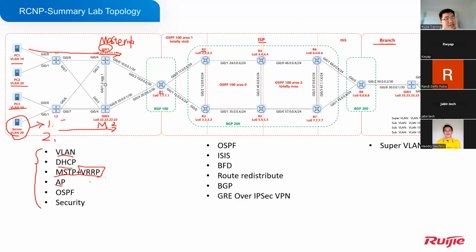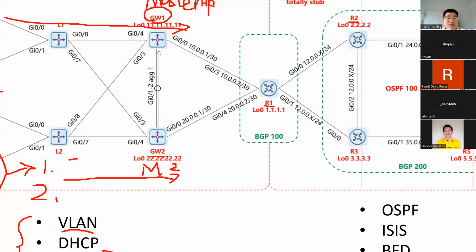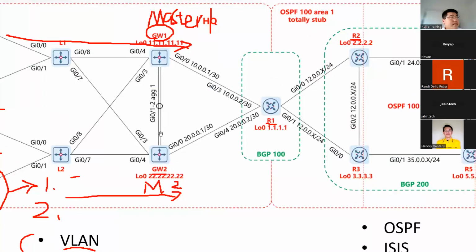AP here is not the access point. It's not the wireless device. AP here stands for aggregate port. And here between the GW1 and GW2, we have two physical links. You can see between GW1 and GW2, we have two links. And these two links are building an AGG1.